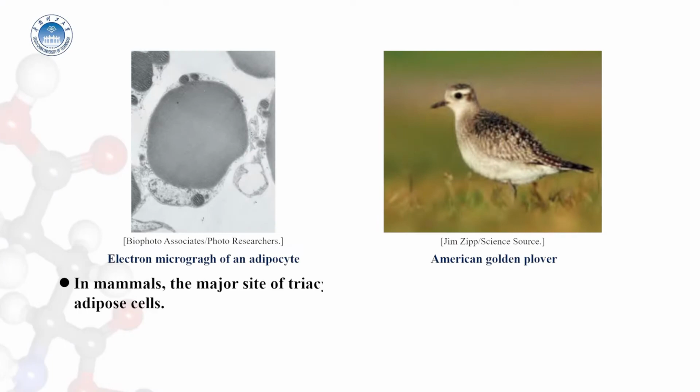In mammals, the major site of triacylglycerol accumulation is the cytoplasm of adipose cells. The fuel-rich tissue is located throughout the body, notably under the skin and surrounding the internal organs.